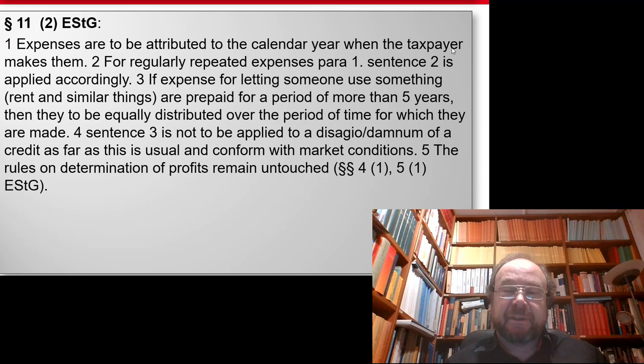And now we naturally still have to think about that short time rule, number 2, but this is only valid for regularly paid expenses, and the staircase is broken once, so that's a single event. There can be no rule behind it, no regularity, and so we stick to sentence number 1. The expense belongs to the year when the payment is made.